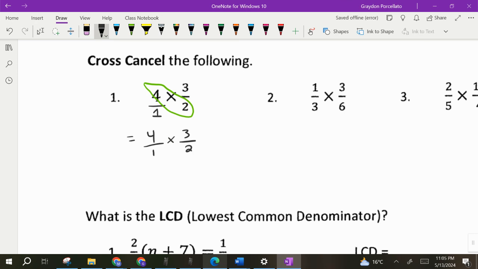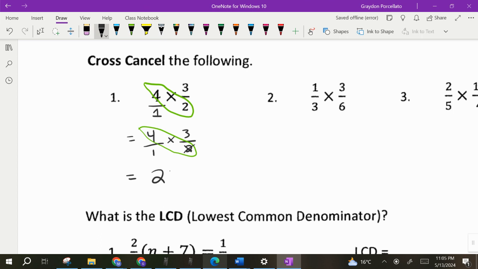What it means by cross cancel is look at these two numbers here, the 4 and the 2. Can I cancel out? What is 4 divided by 2? 4 divided by 2 is equal to 2. So this 2 goes away, and we're left with 4 divided by 2 is 2.